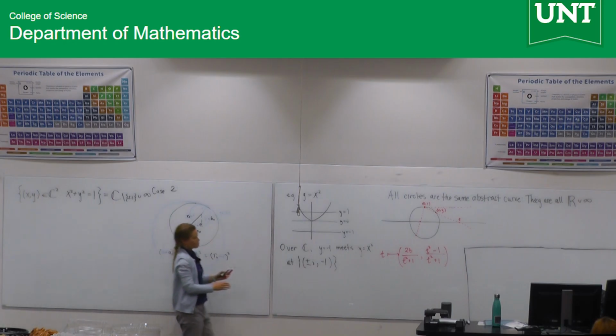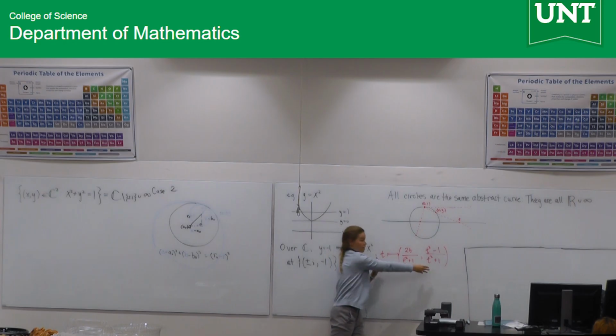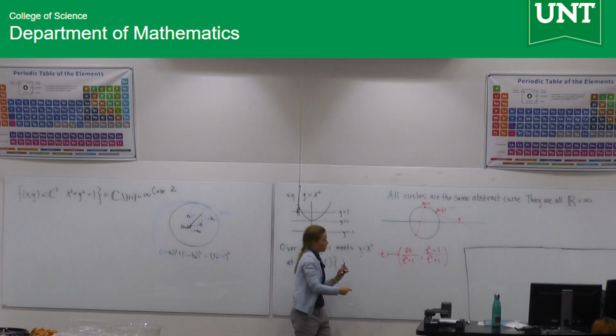What I'm saying is that there's a map from complex numbers to pairs of complex numbers, where I send t to this pair. But of course, this is not defined if t squared plus 1 is 0. So I had to leave out plus and minus i.